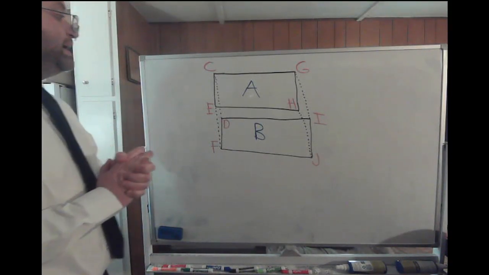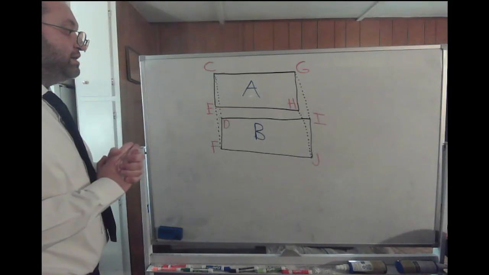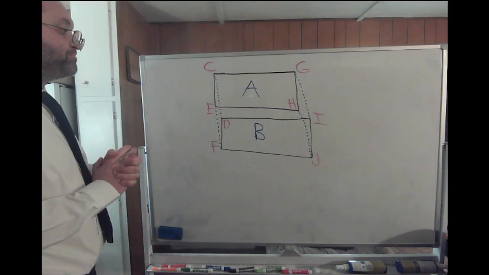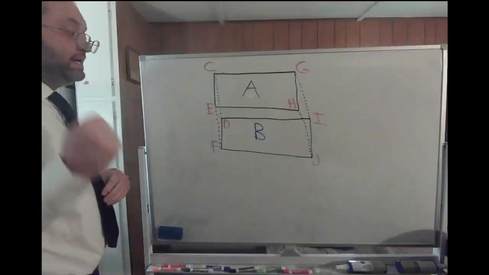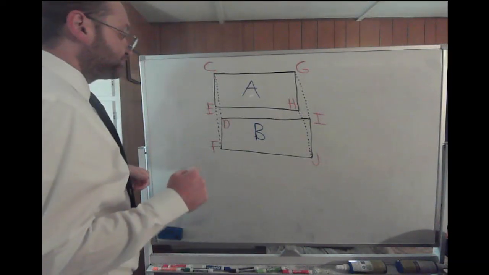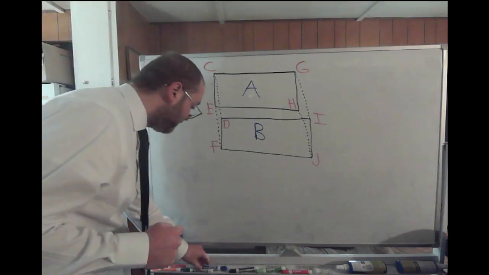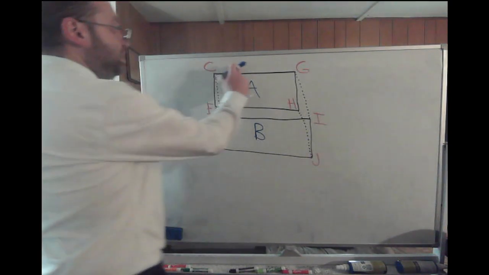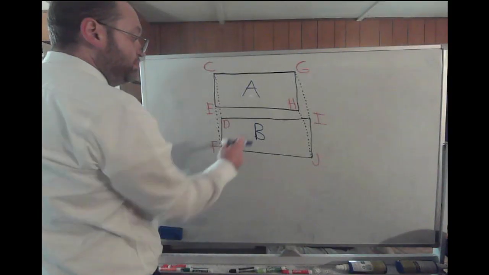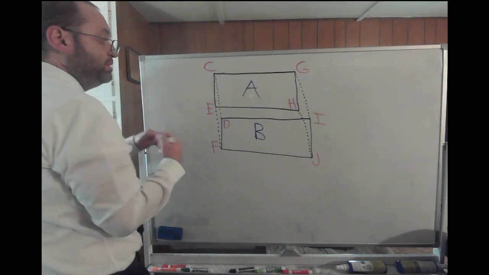Now, a line and a plane can be parallel if and only if the line and the plane never touch. So, let's look here. We have here line CG, don't we? Well, that'd be parallel to plane B since line CG and plane B never touch.